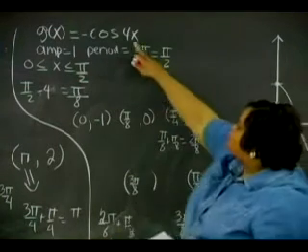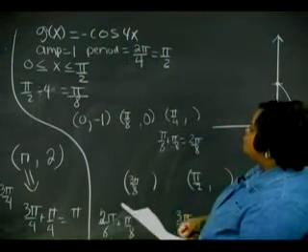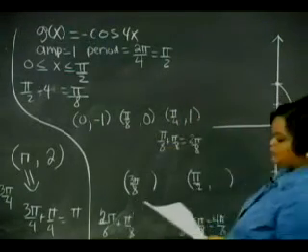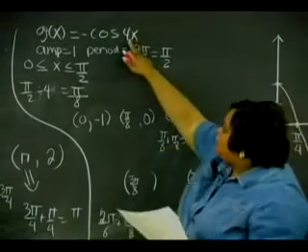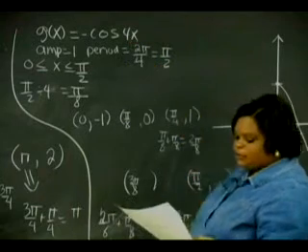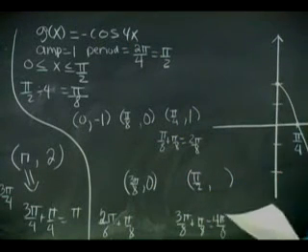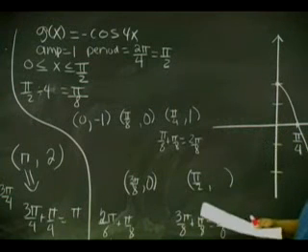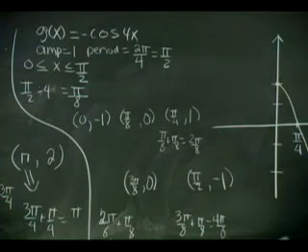Pi over 4 times 4 is pi. Cosine pi is what? Negative 1, but that negative makes it what? Positive 1. And then if I put my 3 pi over 8 here, I have 3 pi over 2. Cosine 3 pi over 2 is 0, which gives me 0. And this, if I put pi over 2, I have 2 pi. Cosine 2 pi is 1, but that negative makes what? Negative 1.